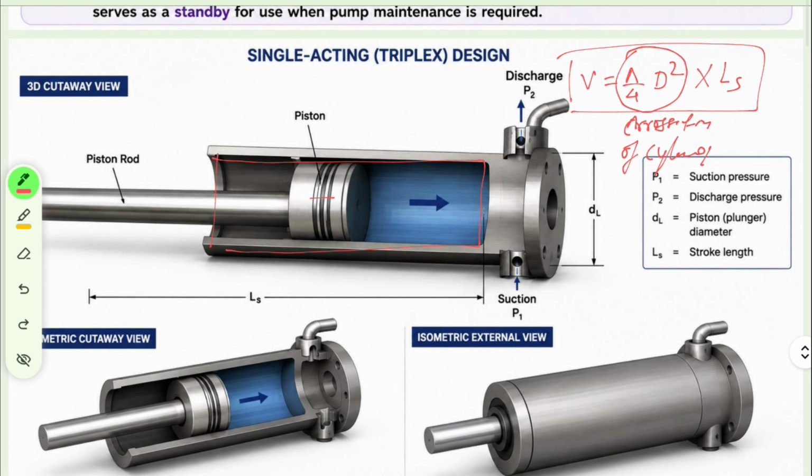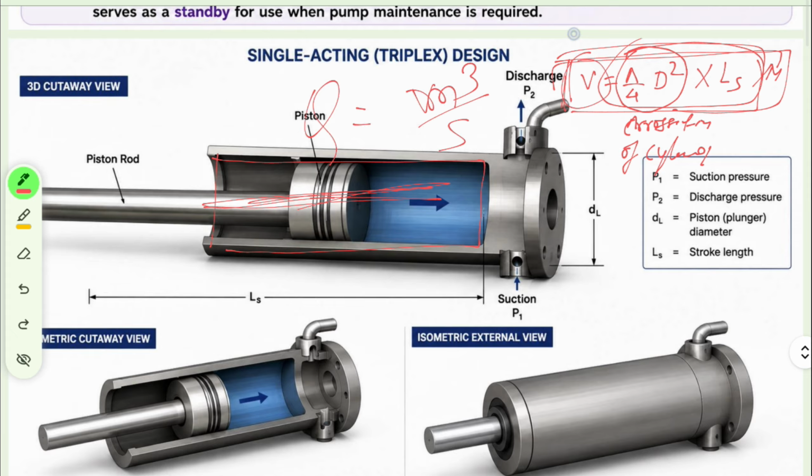This means in one stroke they discharge this much volume, but this process goes on continuously. What does continuously mean? It means it happens N times. If you multiply by N, I will derive this expression also, we will get the discharge per second, which is in meter cube per second, and the volume is in meter cube, right?